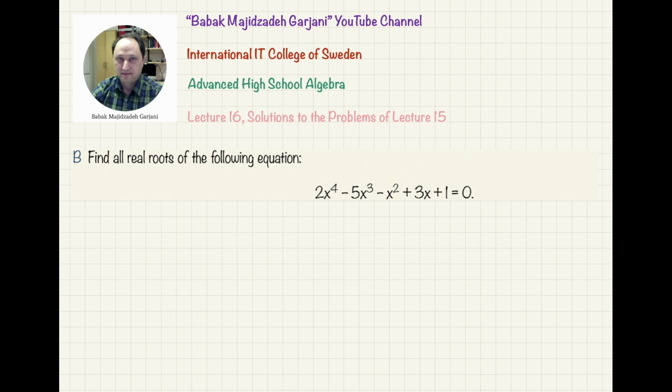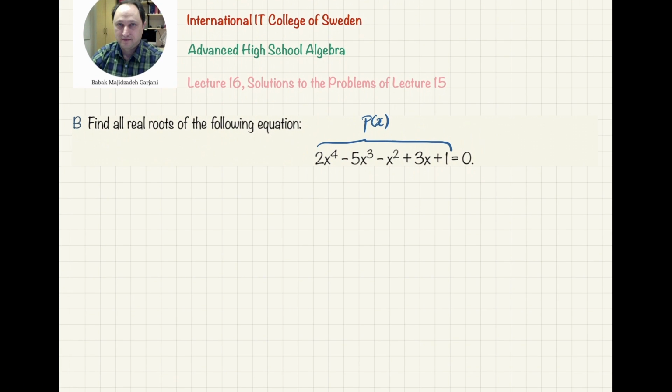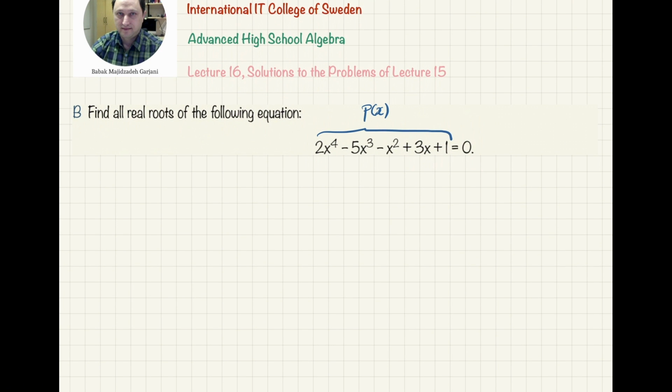Even though they haven't directly asked you to factorize the polynomial, if you want to solve this equation, you yourself have to understand that you need to factorize the polynomial in the beginning. So let me, as usual, call the polynomial itself p of x, and try to factorize this as we learned so far. Hoping that this polynomial has an integer root, let us see if I can find them.